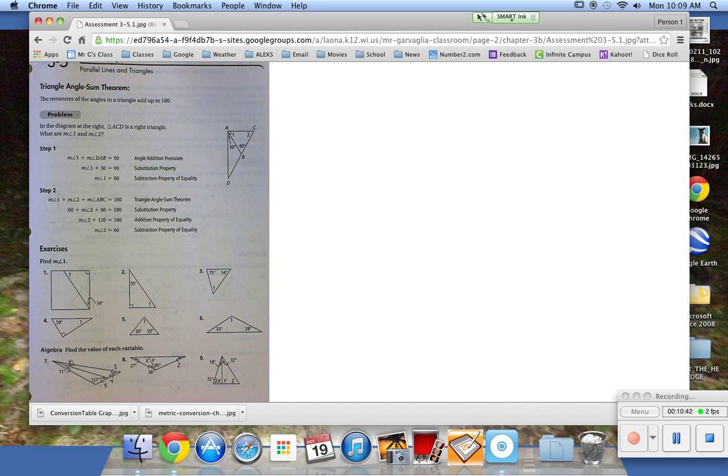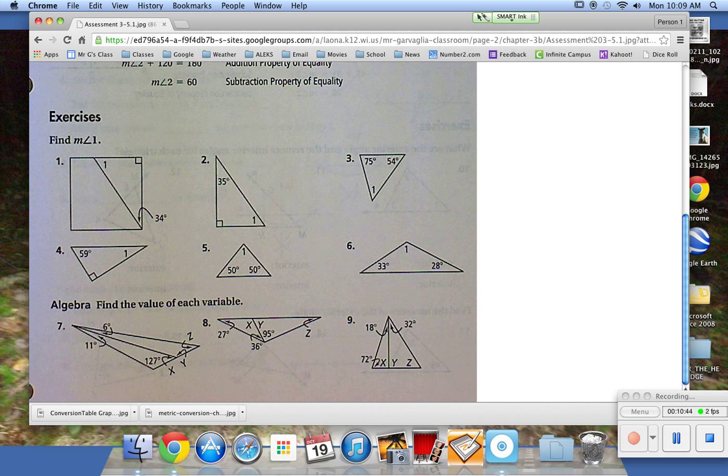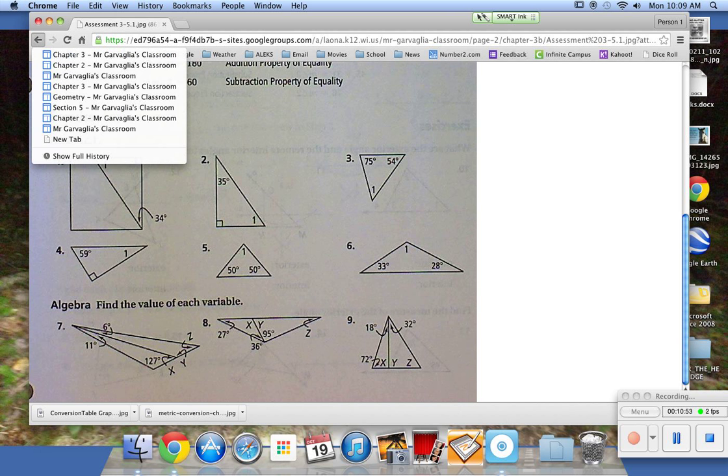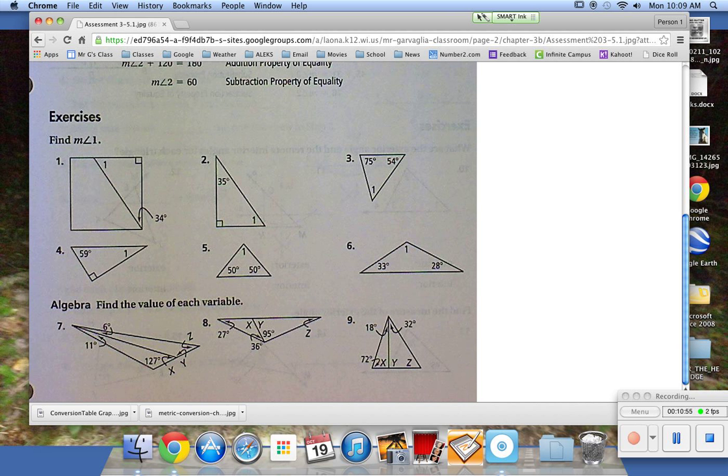All right, let's take a look at assignment. 1, 2, 3, 4, 5, 6, 7, 8, 9. Those look all doable. Take a look at the back side.